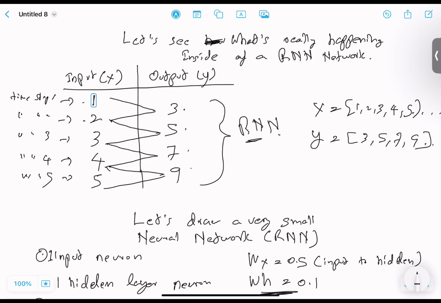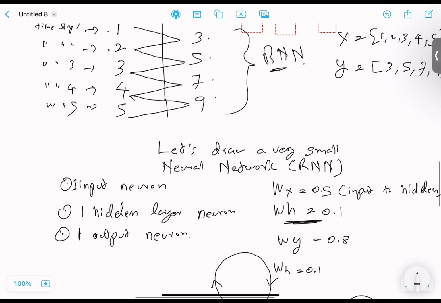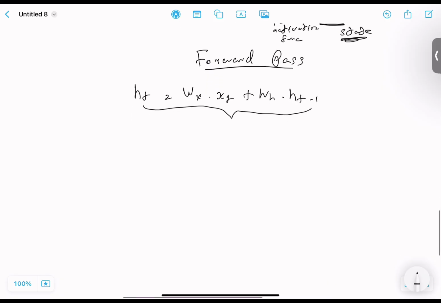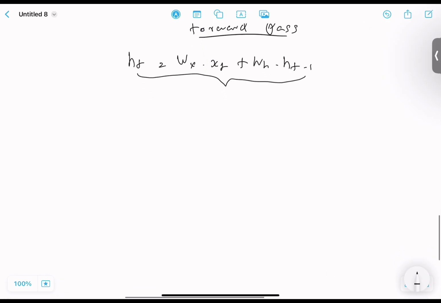So we pass each input one by one. When we explain this, we say at t equals 1, input 1 is 1. So this means at time step 1 the input is 1.